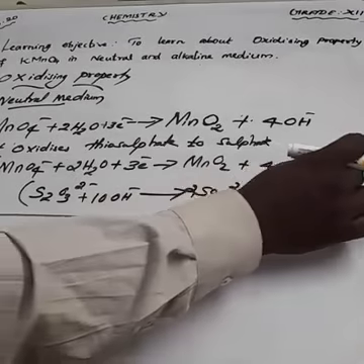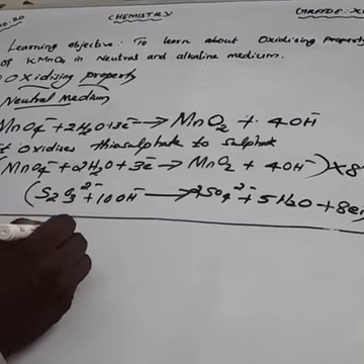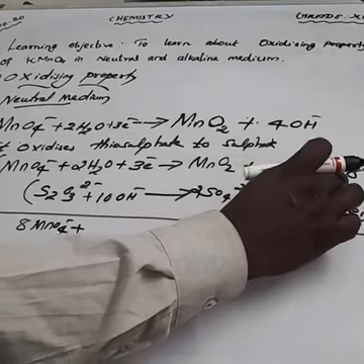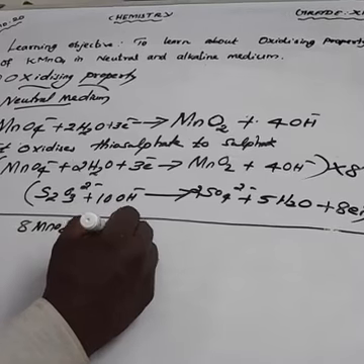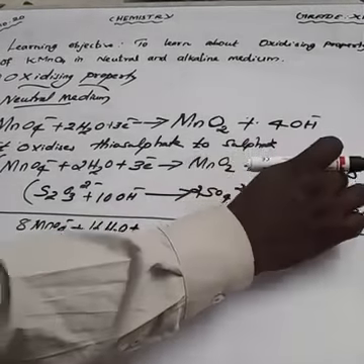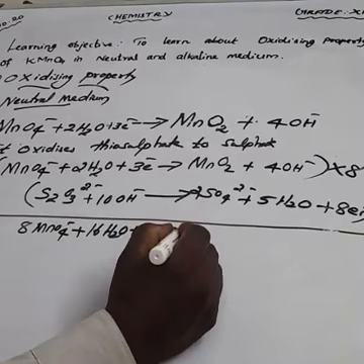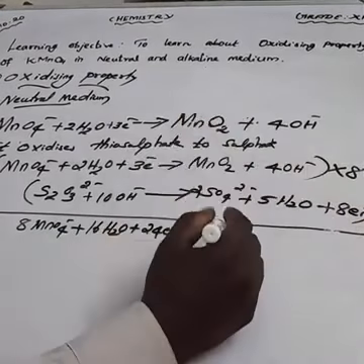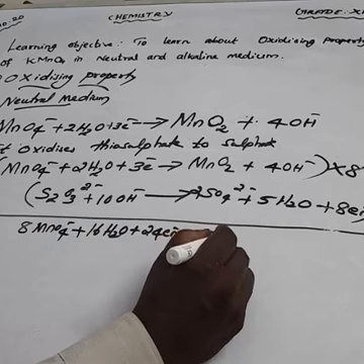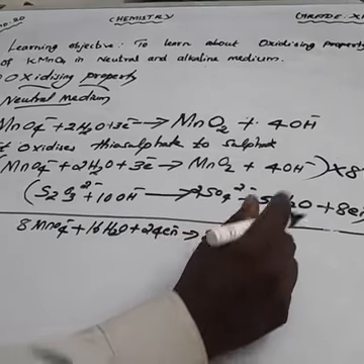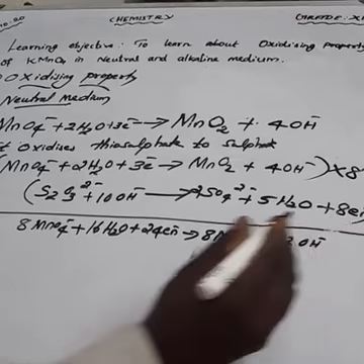Anyhow, 8 into MnO4 we get 8 MnO4 minus plus 8 into 2 molecules of water, 16 water, plus 8 3s are 24 electrons gives 8 MnO2 plus 8 4s are 32 OH ions.